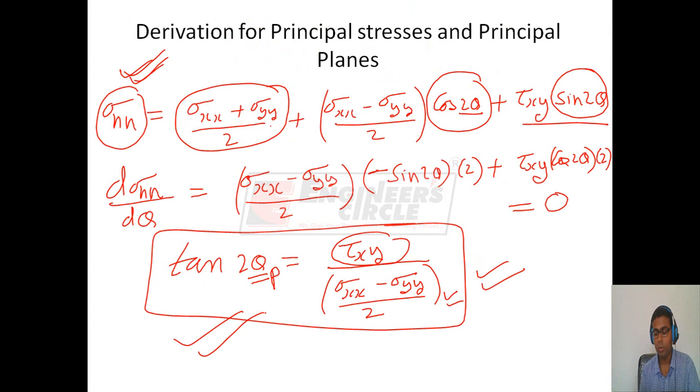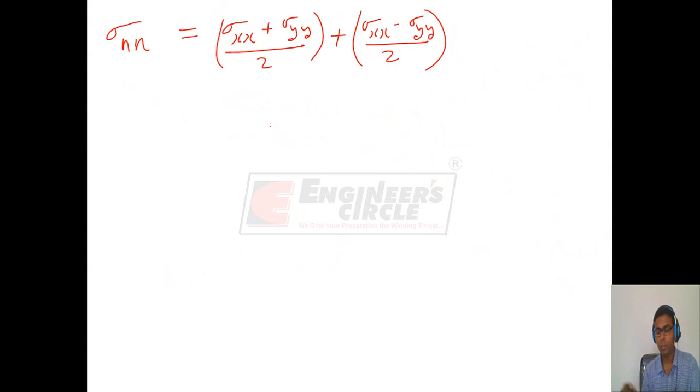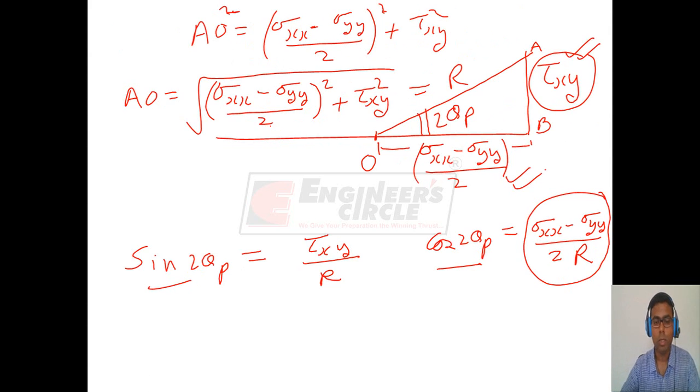This term contains cos 2 theta, so instead of cos 2 theta we will put this term, (sigma xx minus sigma yy)/2r, multiplied by (sigma xx minus sigma yy)/2r, plus tau xy into sin 2 theta. Sin 2 theta can be written as tau xy by r.